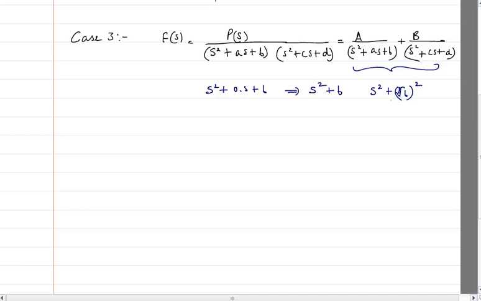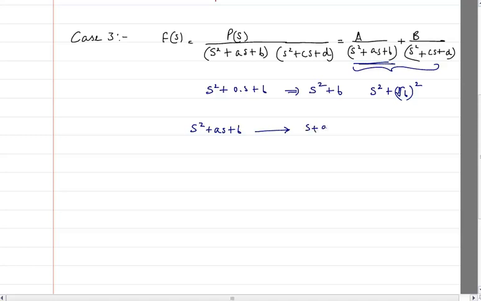Now there are two more forms in which this quadratic form s square plus a s plus b can come. For example, it may come as s square plus a s plus b split up into its factors.